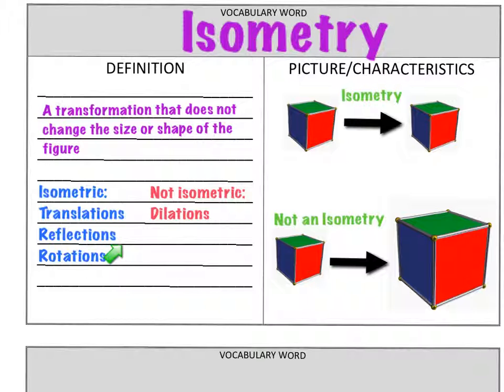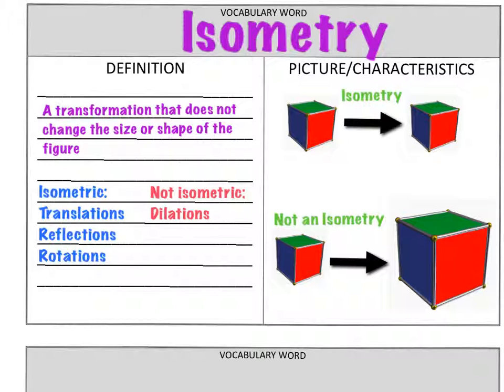If you reflect something, you look in the mirror, the size doesn't change, the shape doesn't change. So reflection is isometric. And a rotation, if you take something and twirl it around, turn it around, it doesn't change size or shape.